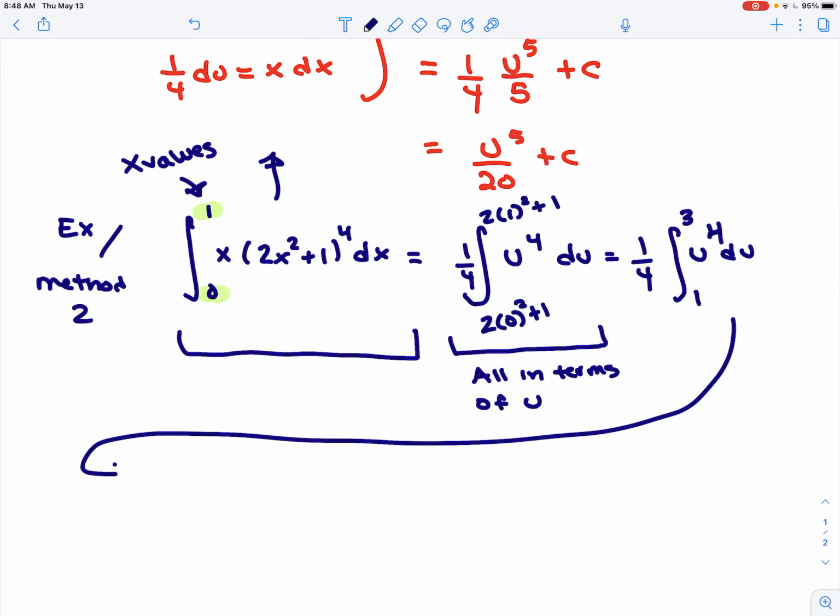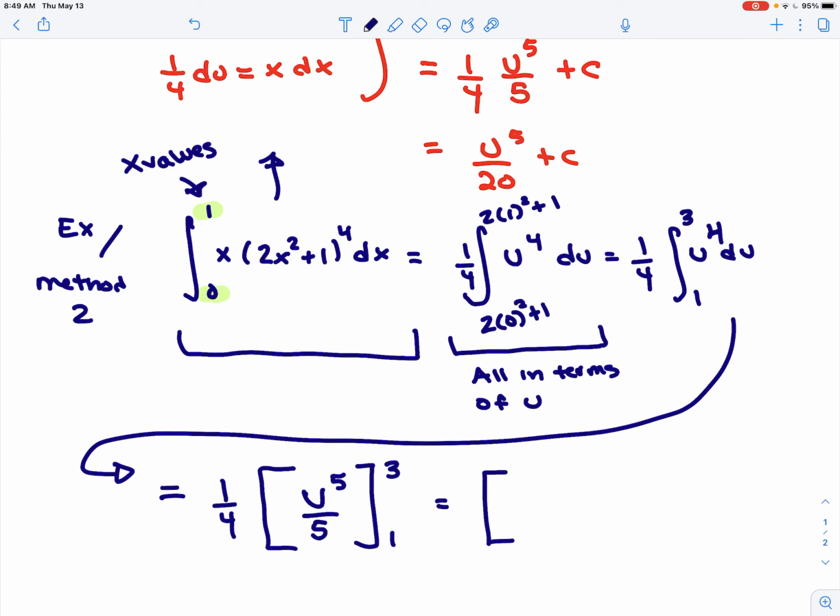Okay, and then I'm just going to go down here and say it's equal all the way along, because a definite integral equals a number, and these are going to be equivalent. So let's just see that it really is. I can leave the 1/4 out front here, and then I get u to the 5 over 5, from 1 to 3.